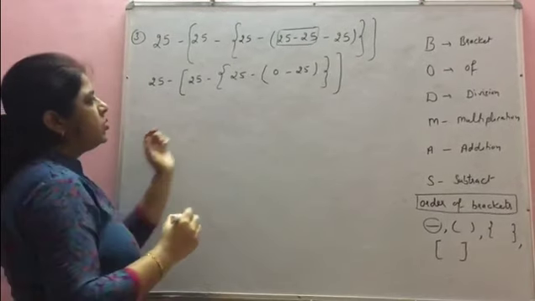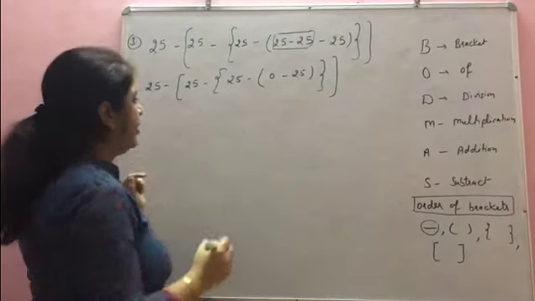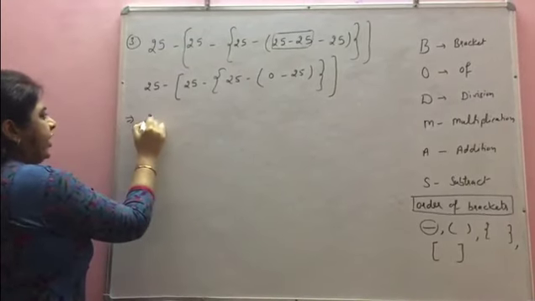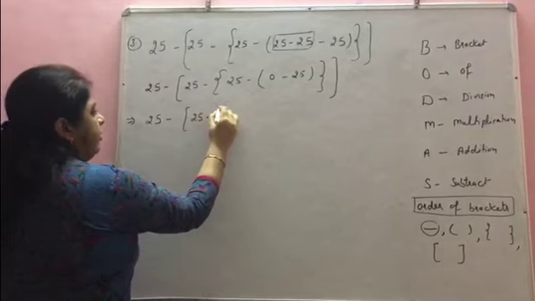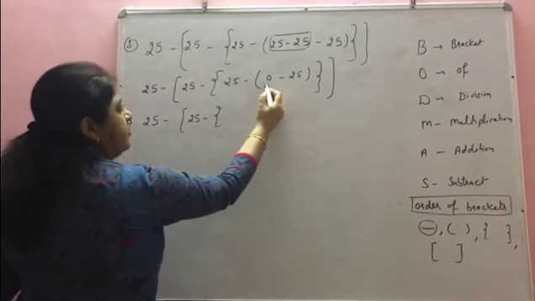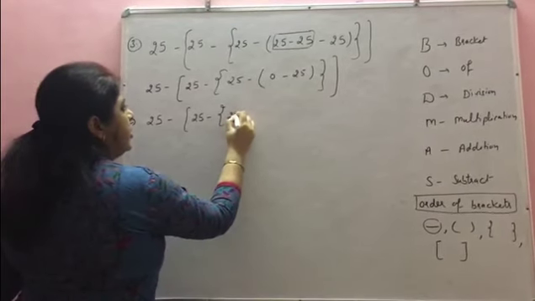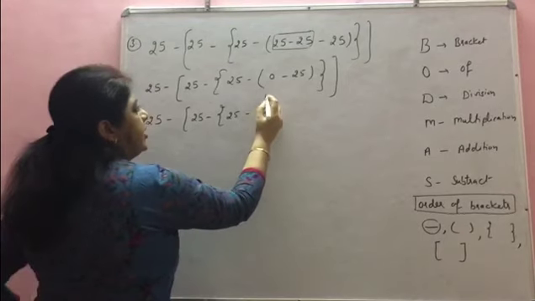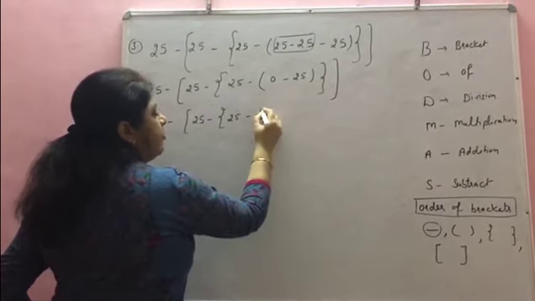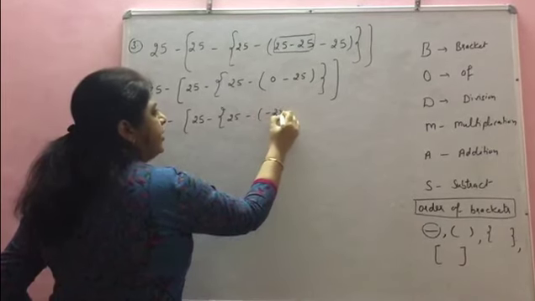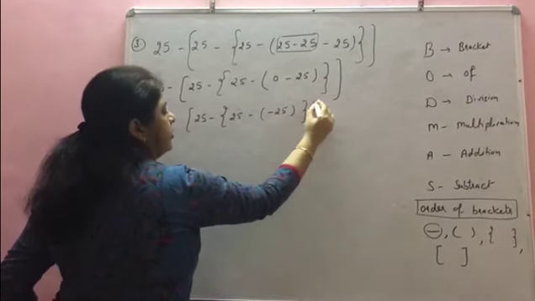Now the turn is to solve this small bracket. As we have done in integers, if a larger number is subtracted from a smaller number, then we get the answer in negative form. So 0 minus 25, what would the answer be? Minus 25.